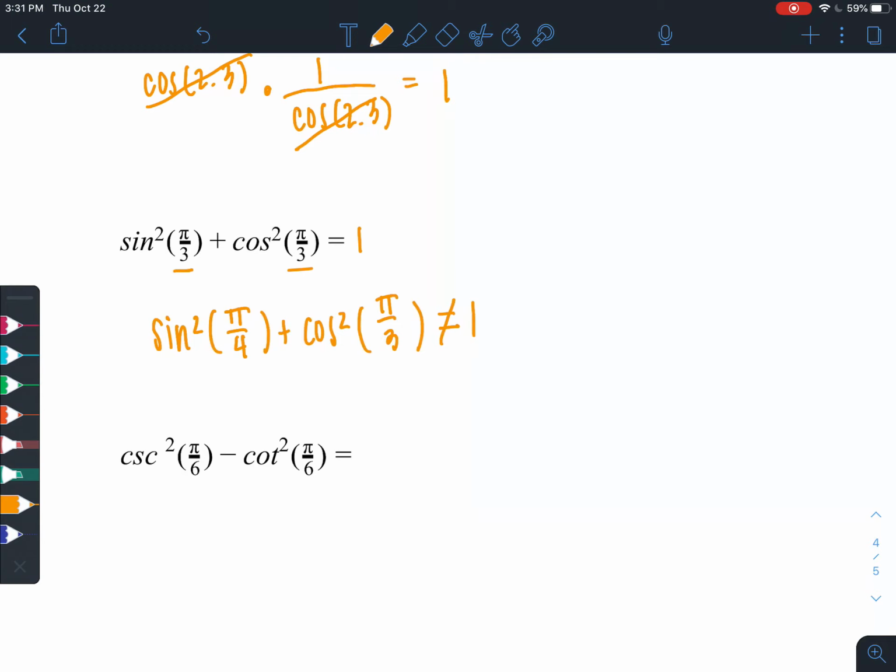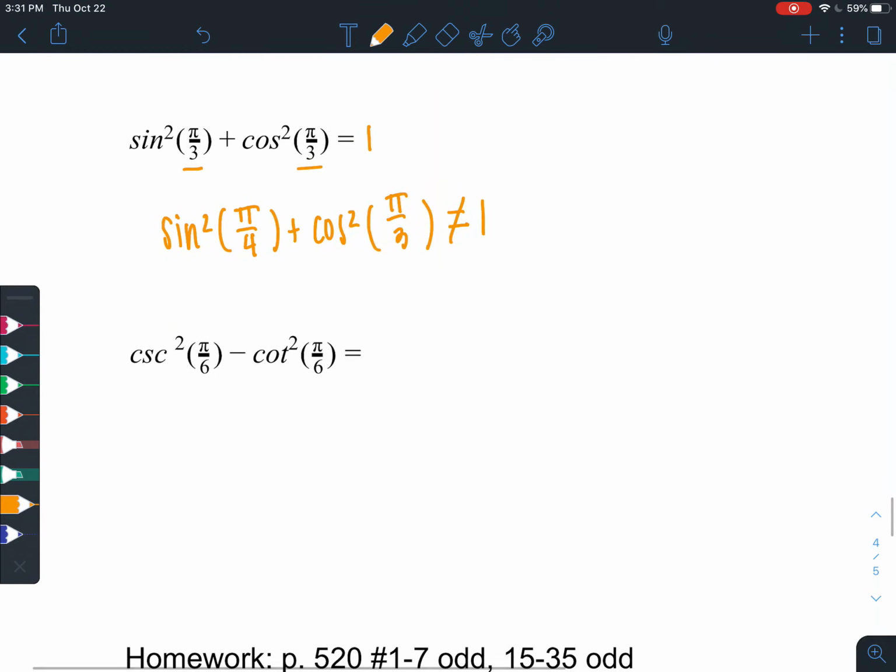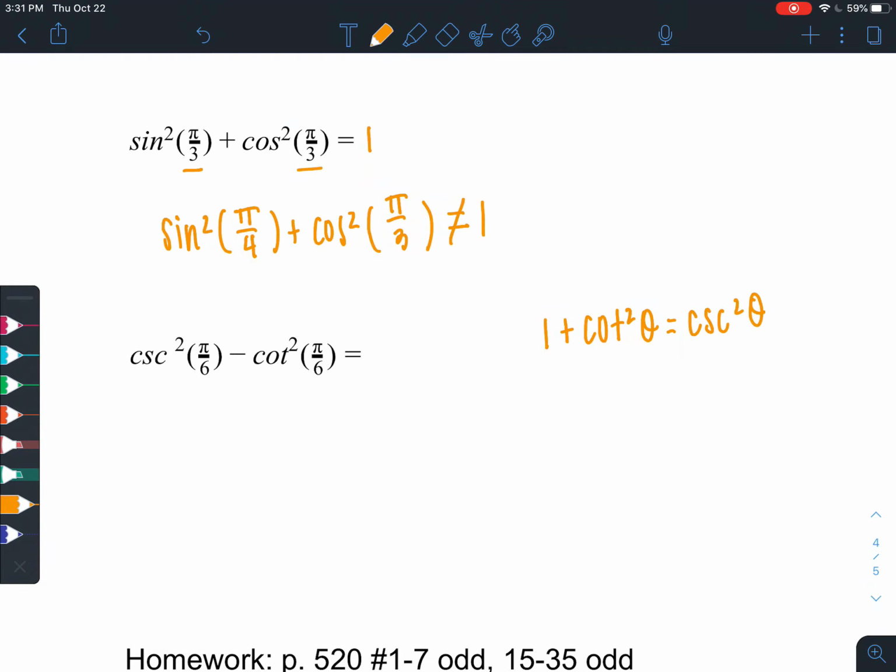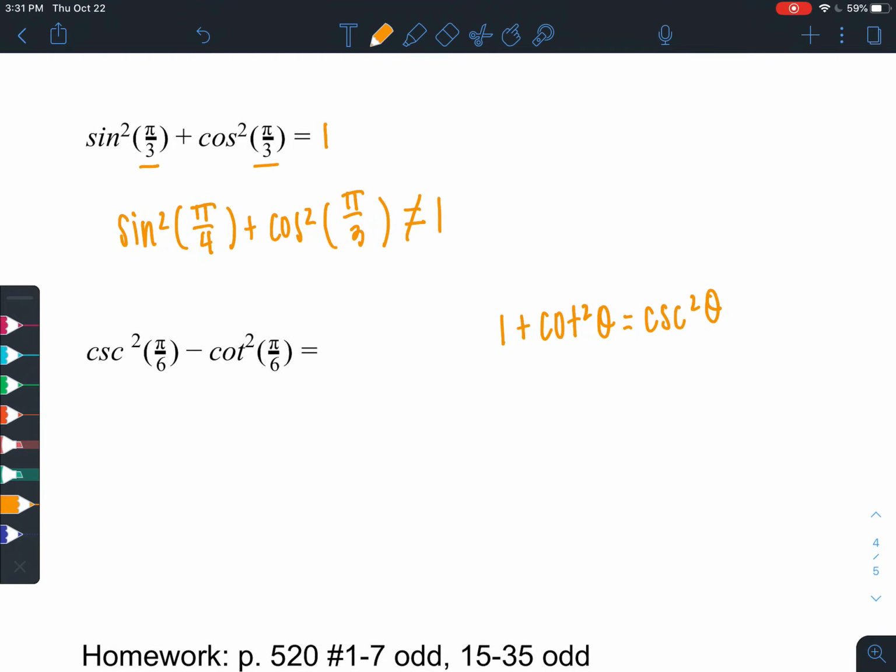Okay, and then finally we have cosecant minus cotangent pi over 6. So if I look at my original equation, so if I have 1 plus cotangent squared theta equals cosecant squared theta, this is the original Pythagorean identity.